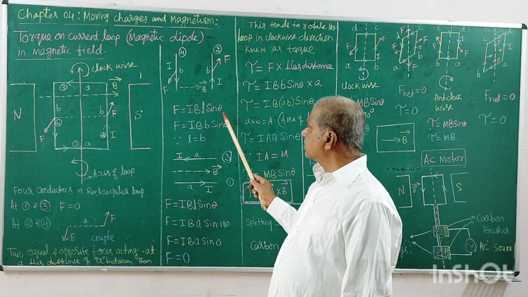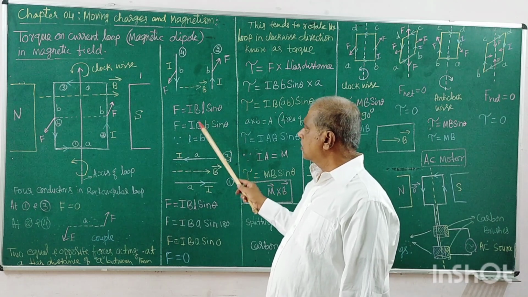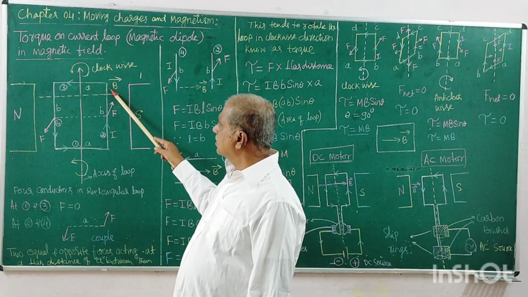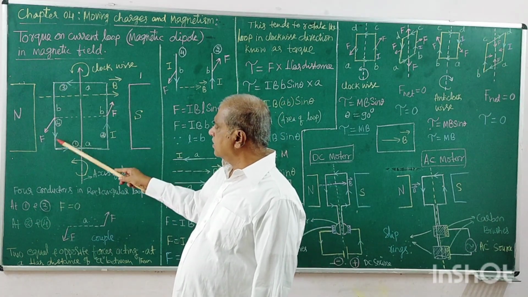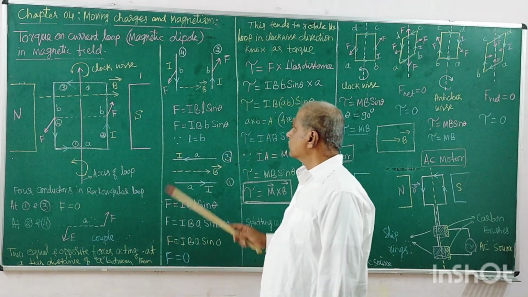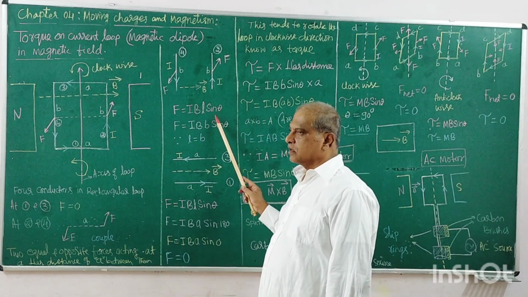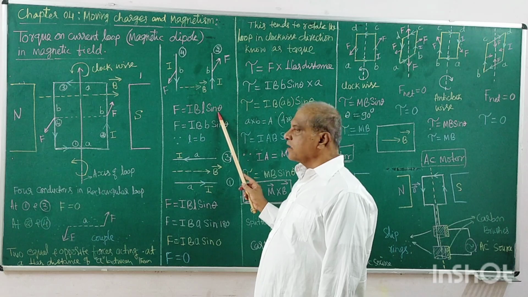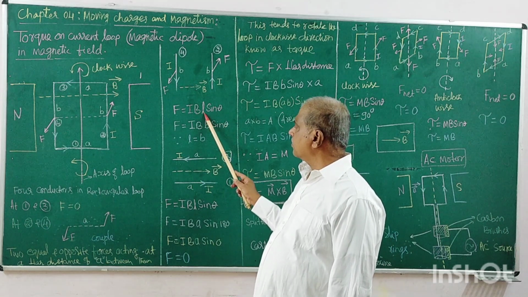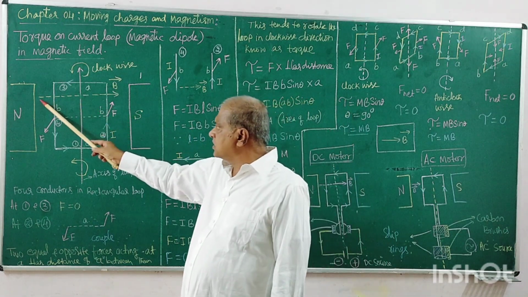Let us estimate using this equation what amount of force acts on this conductor, this conductor, this conductor and this conductor, where theta is the angle between the line B and the line L. Here the line B is always in this direction.